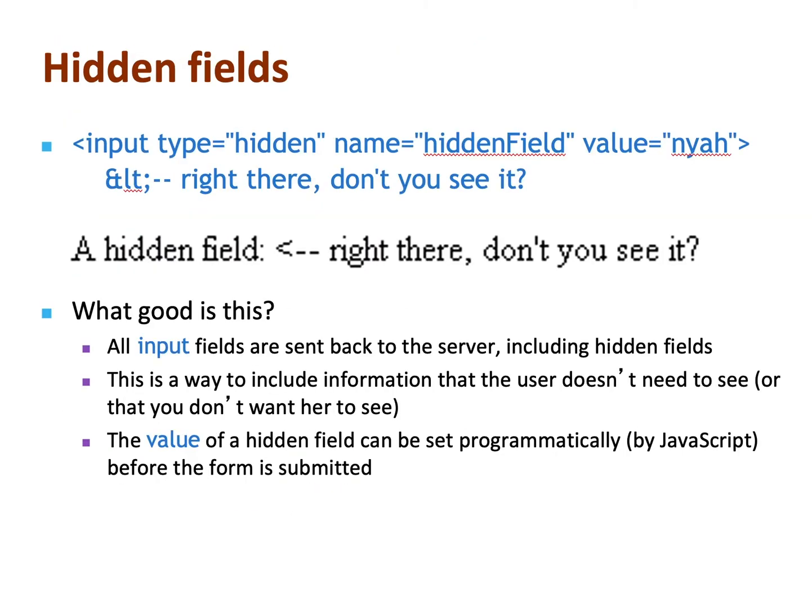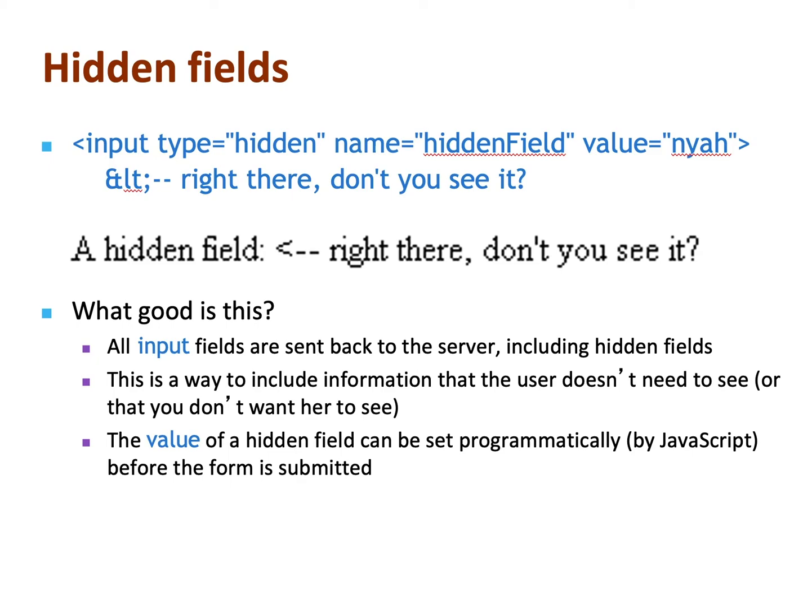We can also then include hidden fields. Hidden fields are more for us as the developer and for the backend. Essentially we can have hidden fields in the form with certain values. Here you can see an example. To create a hidden field, you go input type equals quotes hidden.